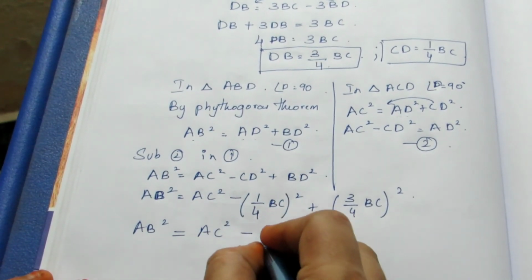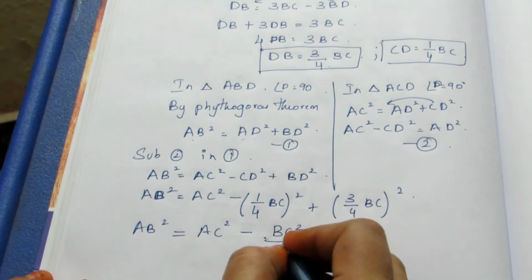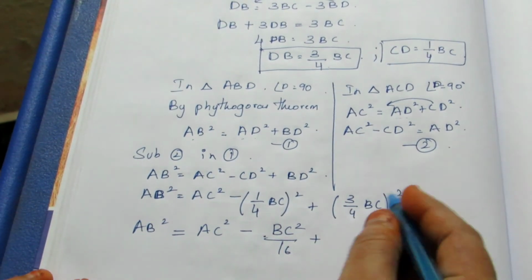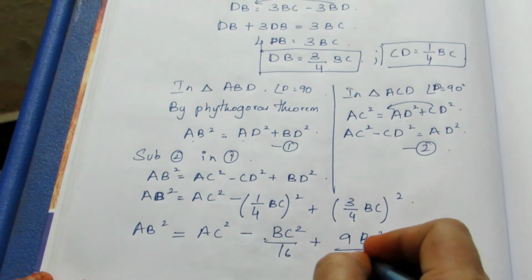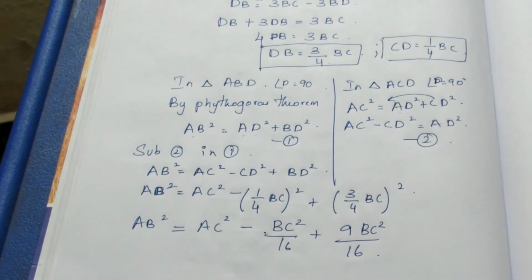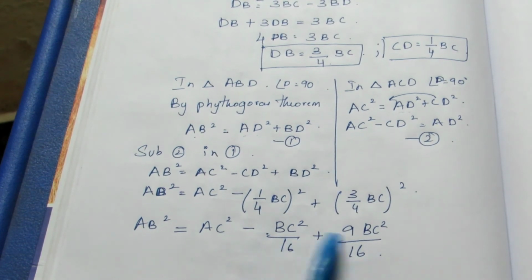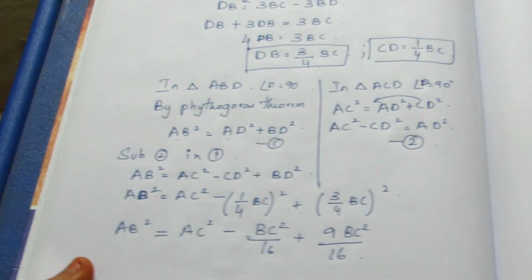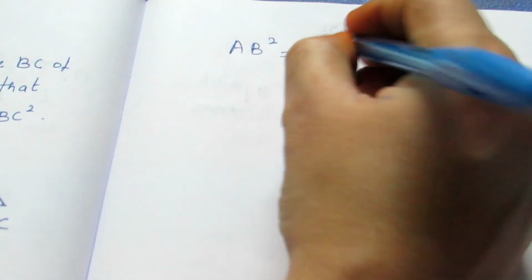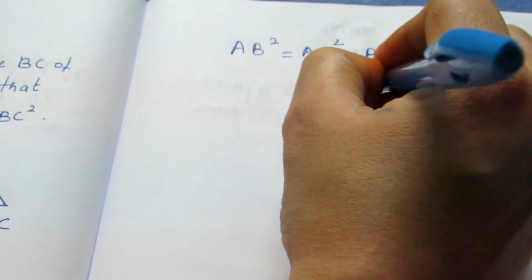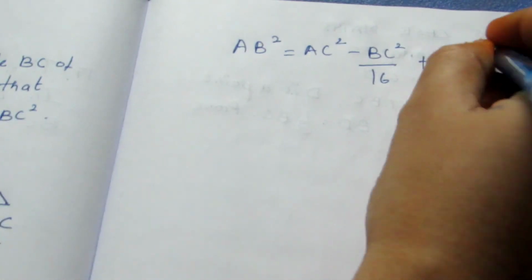This becomes minus BC square by 16 plus 3 3s are 9 BC square by 4 4s are 16. We need to square all the terms. Now this is a like term, we can solve it. I'll write it again. AB square is equal to AC square minus BC square by 16 plus 9 BC square by 16.